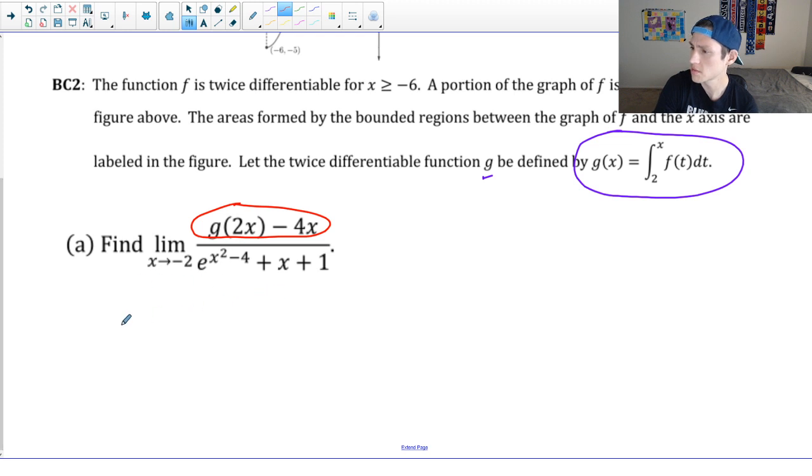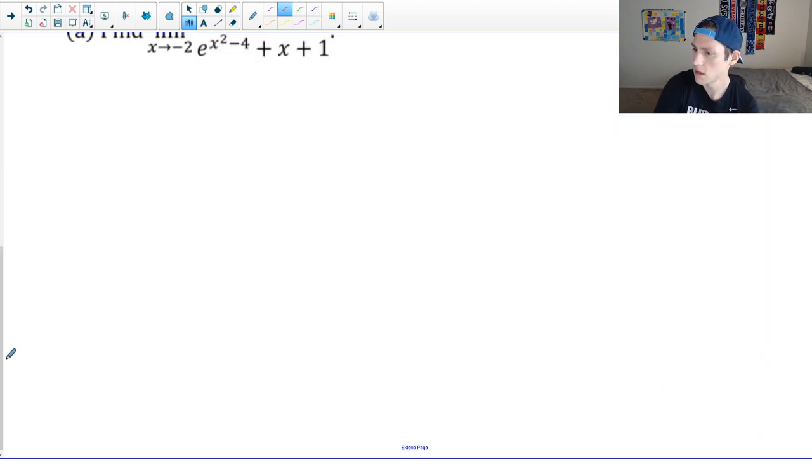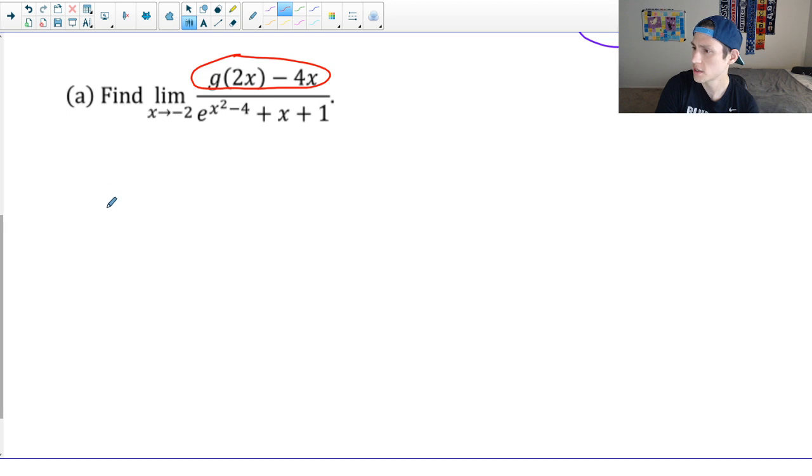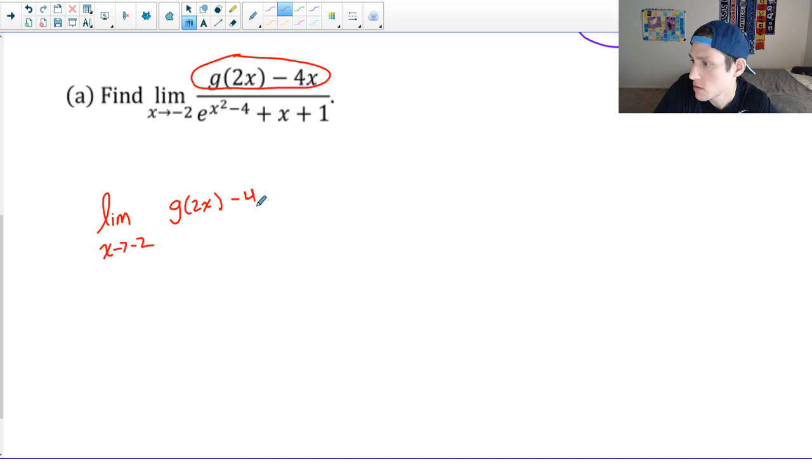If it were a more simple expression, I might just try to do it all at once, but since it's kind of complicated in the top and bottom, let me consider them each individually for a second. So g of 2x minus 4x. I'll go ahead and just copy that down.